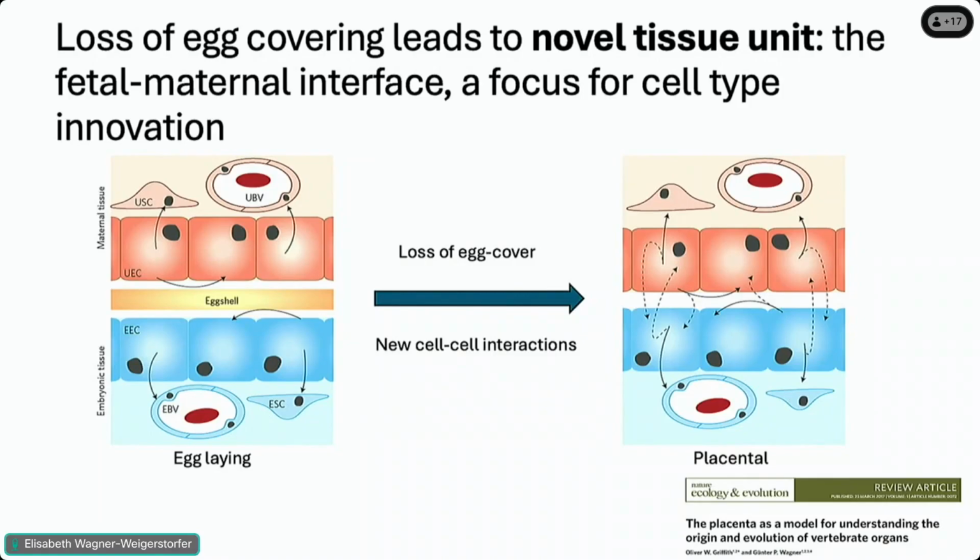So for instance, if we have a maternal ligand that is produced to communicate with this cell, if this cell also has the receptor, they all of a sudden get a new signal from a cell type they haven't heard from before. So essentially, with the establishment of a direct physical contact between the mother and the fetus, sort of all hell breaks loose.